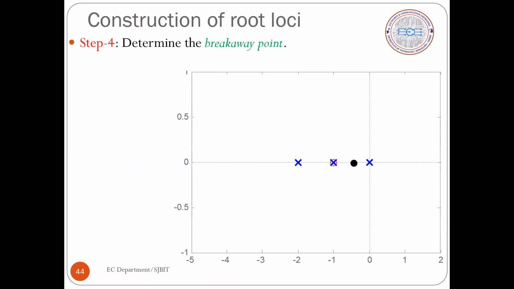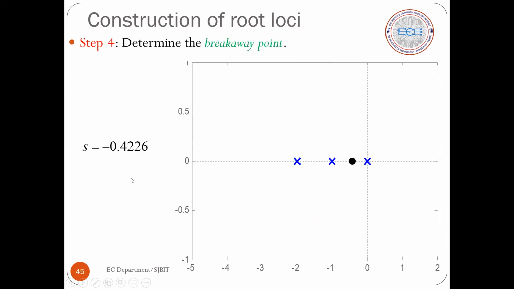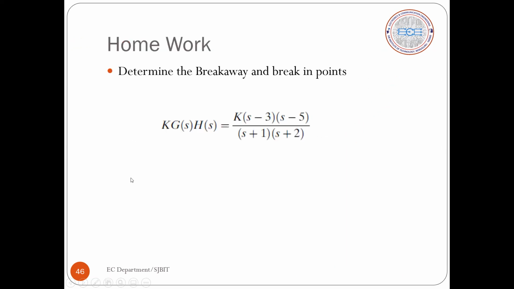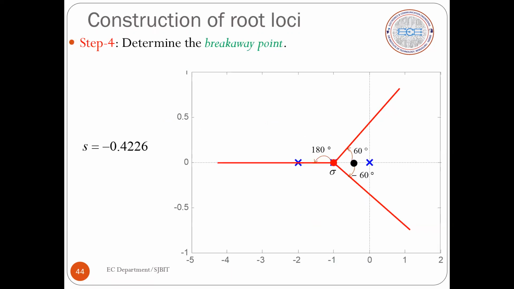So determine the breakaway point. As I said, we have drawn the asymptotes, correct? In the previous class, we have drawn the asymptotes for the given transfer function. So now it's the point of identifying the breakaway point in this root locus plot.